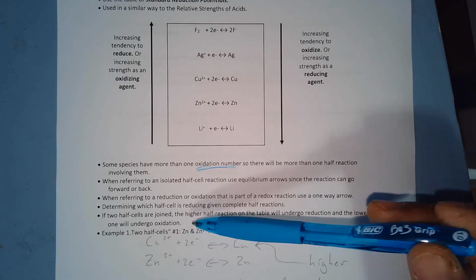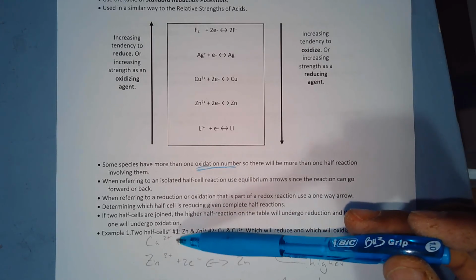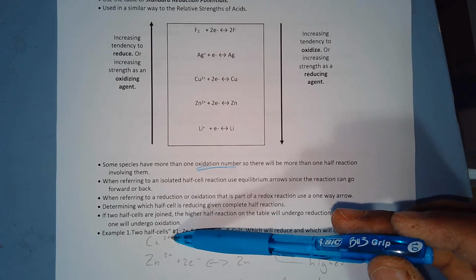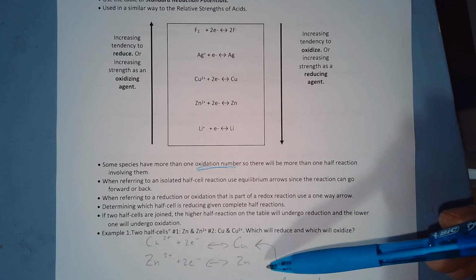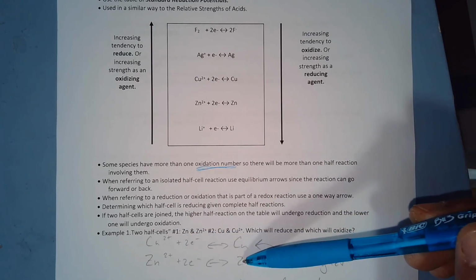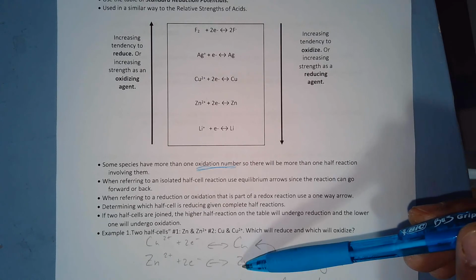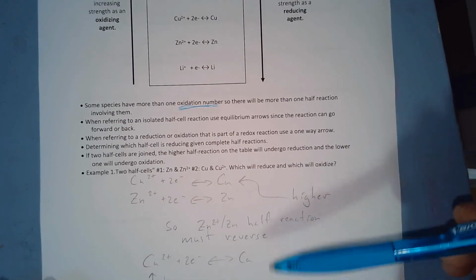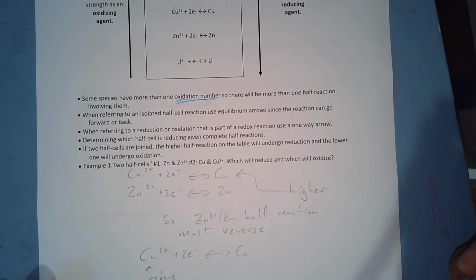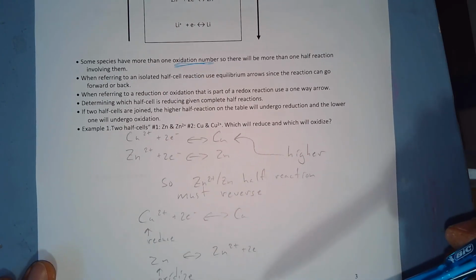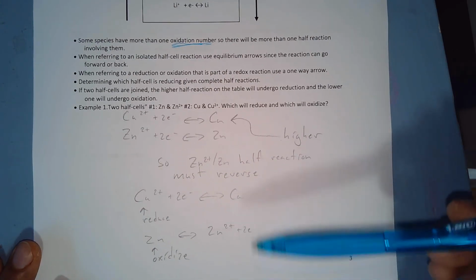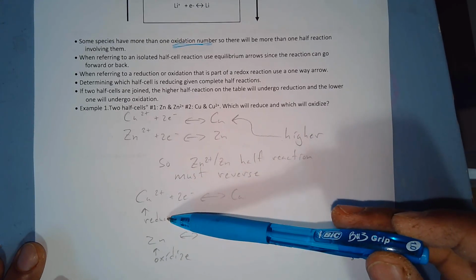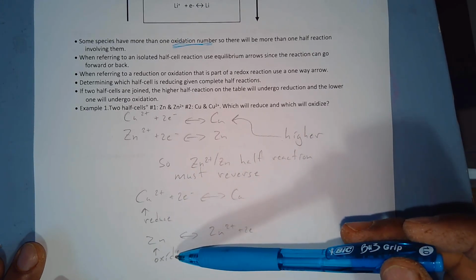Because the copper 2+ is higher, that's the one that's going to reduce. What we have to do with the one that's lower is flip this around and write it in the opposite way. So we reverse the zinc reaction, keep the copper as is, and so now the zinc looks like this. Your copper 2+ is going to get reduced, your zinc metal is going to get oxidized.